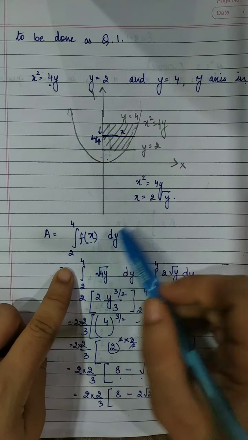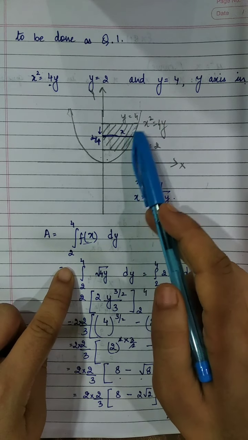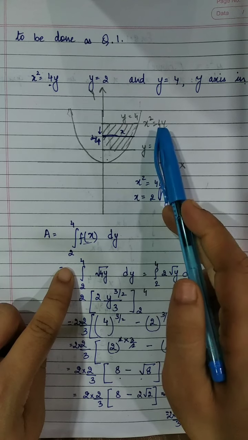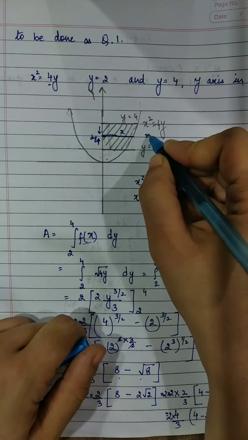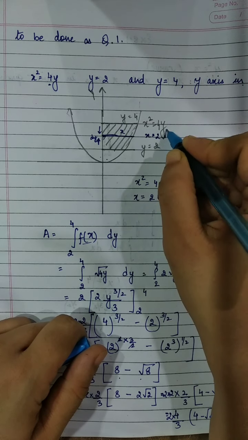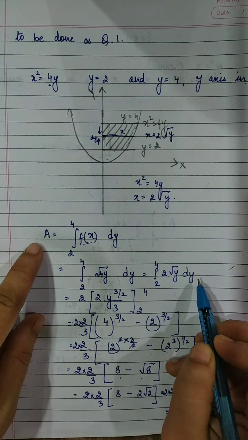So instead of the function f(x), because x square is equal to 4y, x must be equal to 2 under root of y, right?